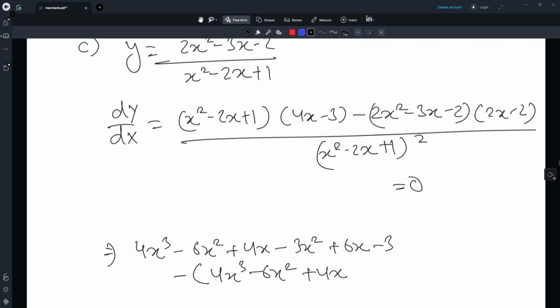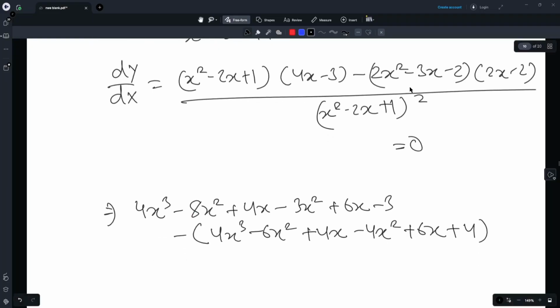Plus 4x, minus 4x squared plus 6x plus 4. I can cancel a lot of things here, actually. Oh, it's not 6, it's 8. Then we have this equals 0.